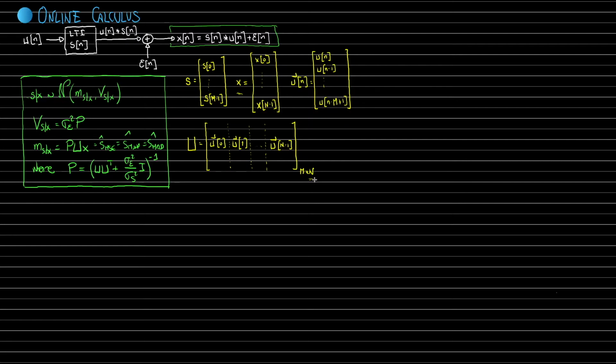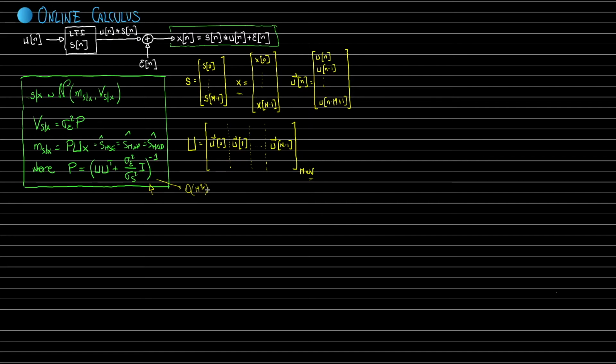And another disadvantage is that in order to update the estimate, we have to compute these formulas again, and this includes a matrix inversion, which is computationally expensive in general, because its complexity is proportional to m cubed, the cube of the number of filter coefficients.